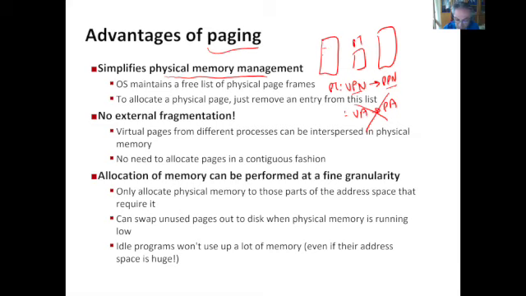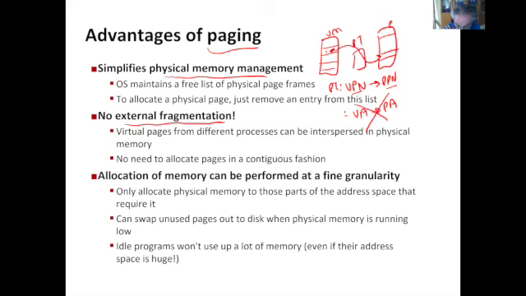The main advantage of splitting into pages is that it keeps my page table at a reasonable size, so I don't have to worry about it. The nice thing is there is no external fragmentation. Any page in the virtual memory can be mapped onto any page in the physical memory.